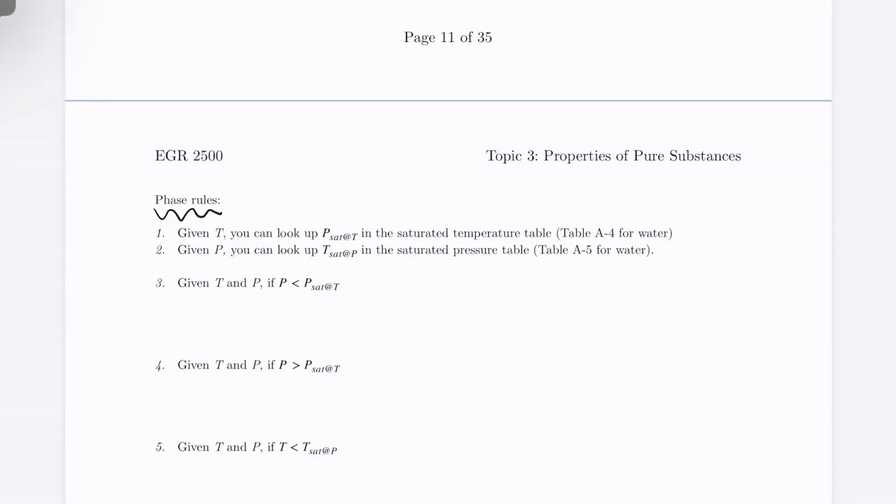So they're just different tables for doing those things. If you are given temperature and pressure, if the pressure is less than the saturated pressure for that temperature, and I'm going to draw a sketch really quick so that we can answer this question a little more easily, but you can scroll back and forth if you want.